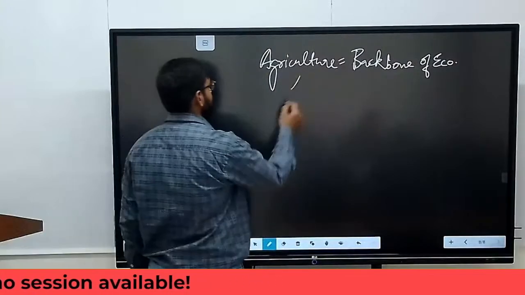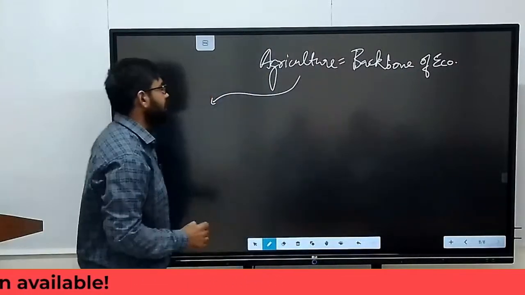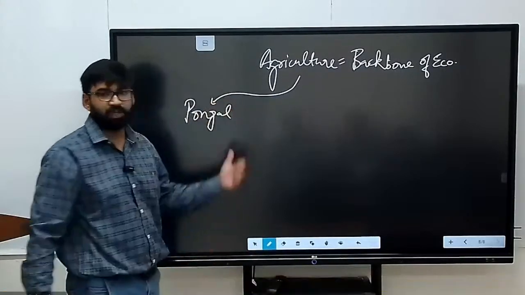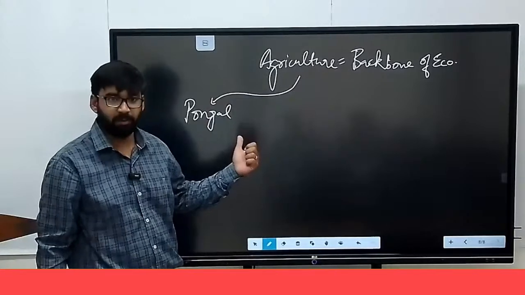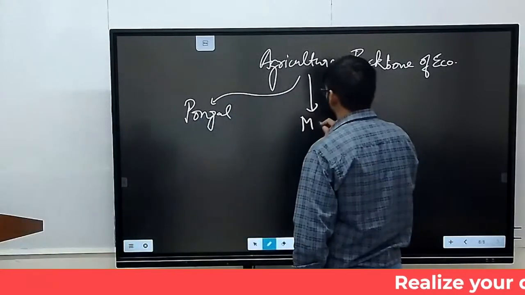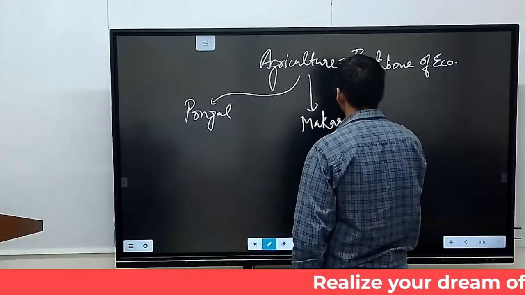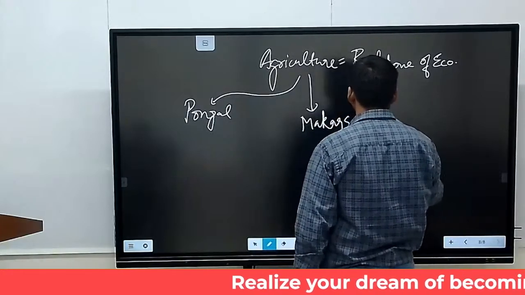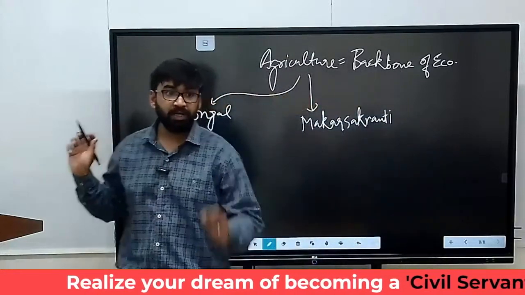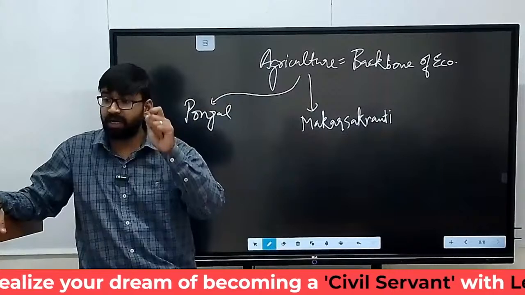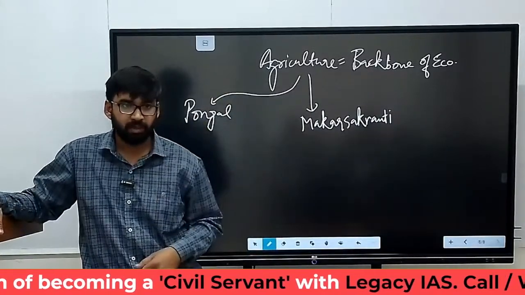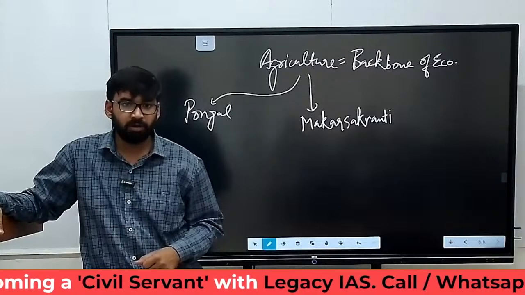For example, if you see South India, Pongal is celebrated after harvesting. Getting my point? In North India, Makar Sankranti. Harvesting festival. So most of the Indian festivals are harvesting in nature, based on agriculture. Getting my point? Clear or not?